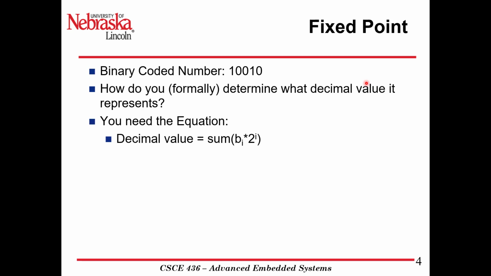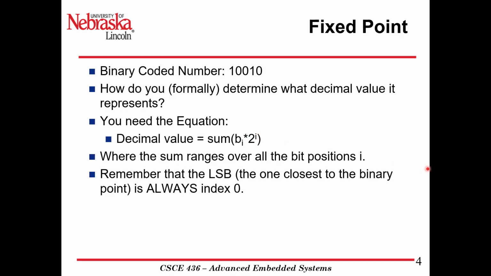So our decimal value is going to be the sum of each bit, b sub i times 2 to the power of i. You're going to have the sum of all the bit positions in that number, starting from right to left. And that least significant bit here is always index 0. So you have 2 to the power of 0, which is 1, times whether it's a 1 or a 0, right?